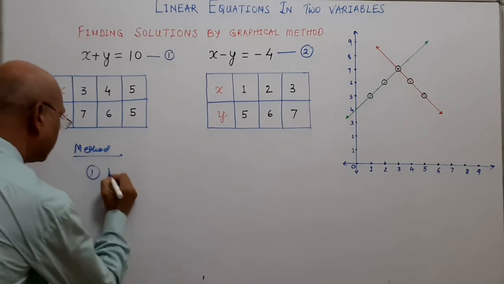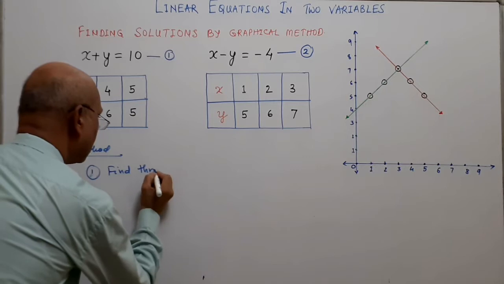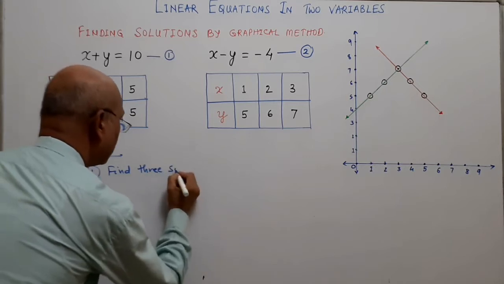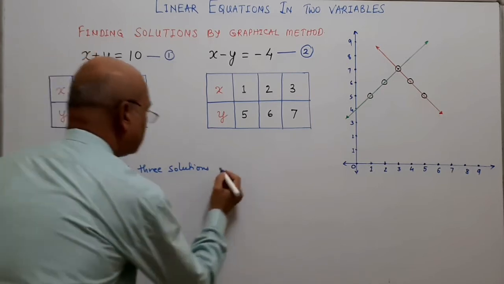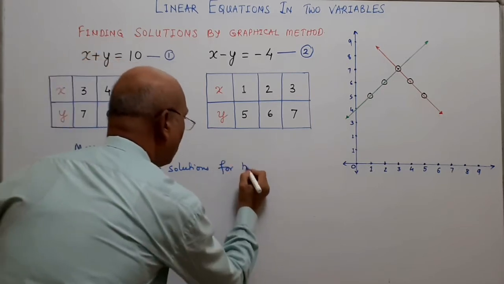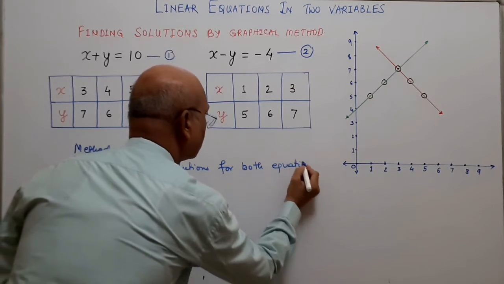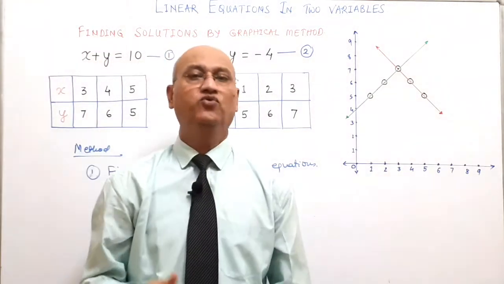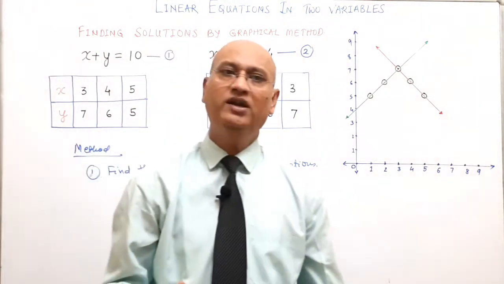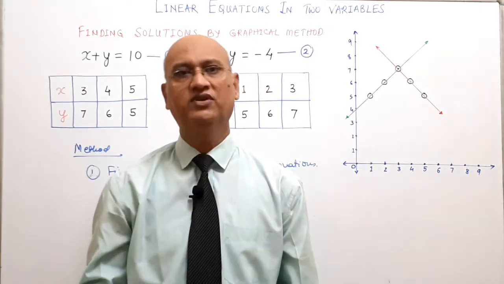First point: find three solutions for both equations. Once again, how to find the solutions we have already discussed in the previous video. Those who have a problem can refer to the previous video.